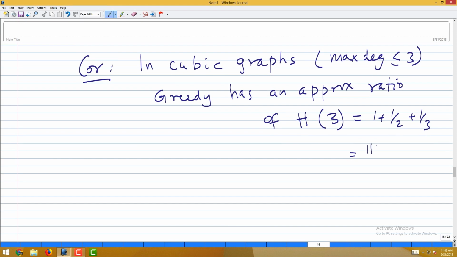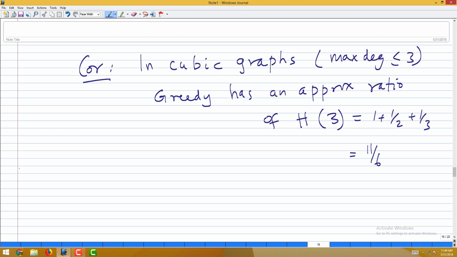So, it is 11 by 6, right. So, it is better than 2. For general graphs, the matching algorithm gave us a 2 approximation, but if your graph is cubic, you get better approximation. The standard nice greedy algorithm gives you better than 2, but I think there are even better approximation algorithms.